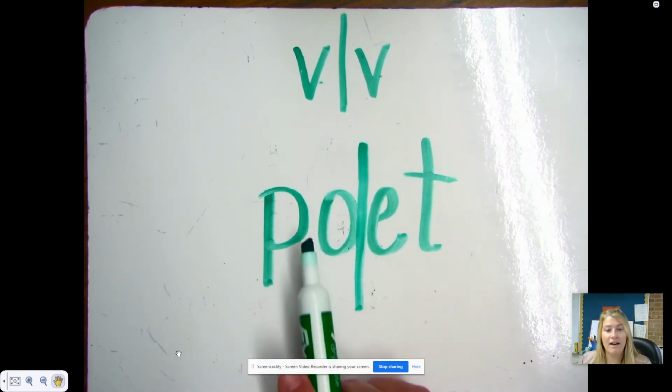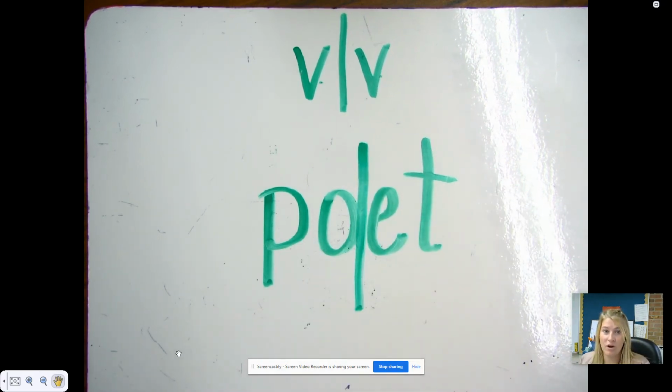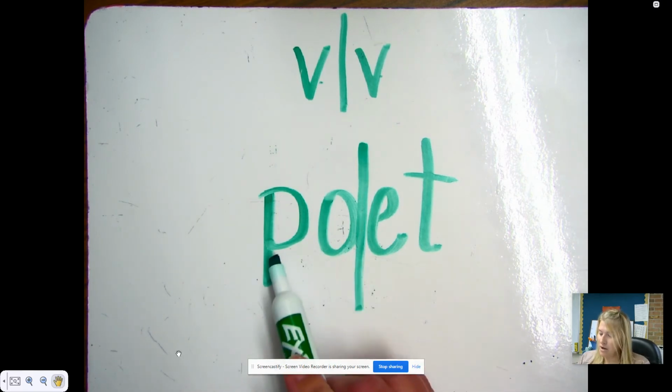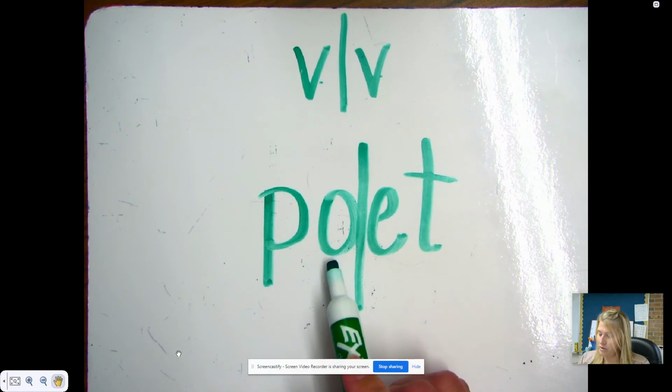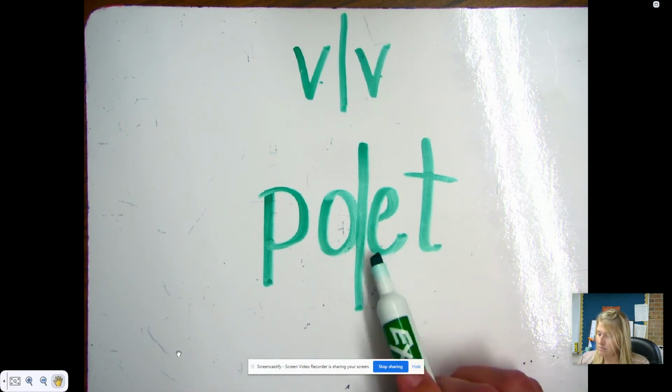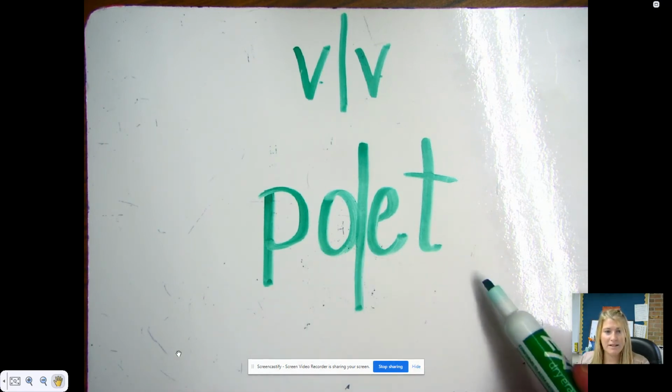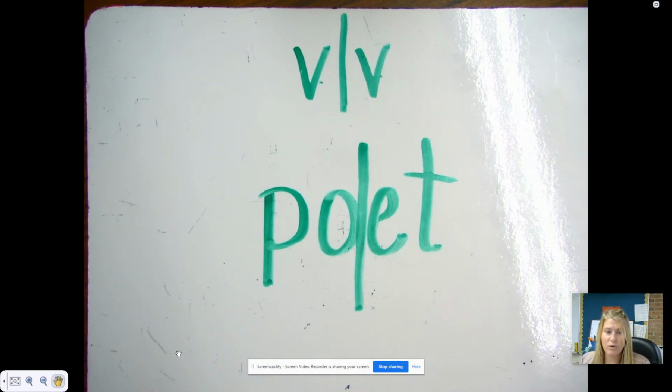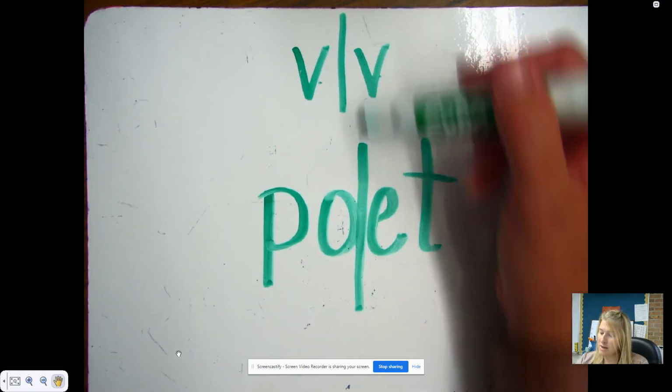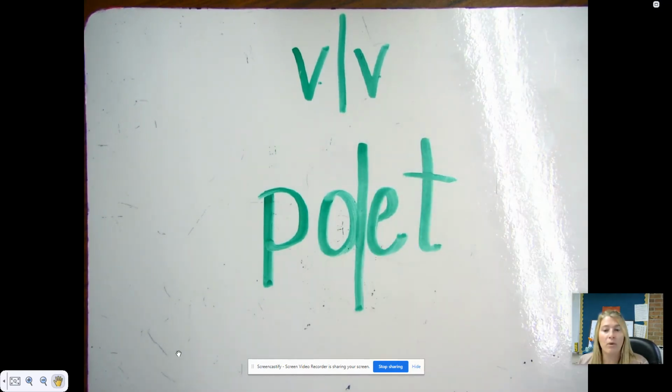And often that first vowel will make its long sound, not always, but often. So let's try p-o, po, et, poet, poet. This is the word poet, where each vowel through separation will make its own vowel sound. Two vowels, two separate sounds. All right, go ahead and erase.